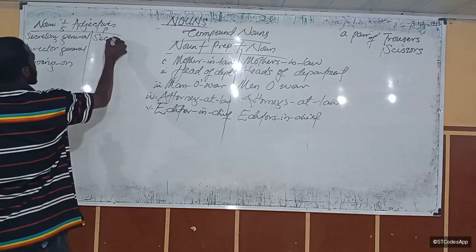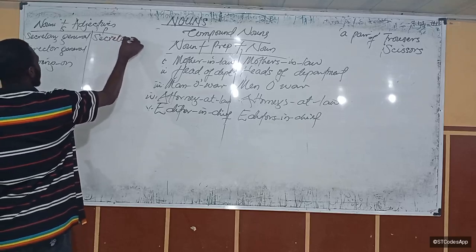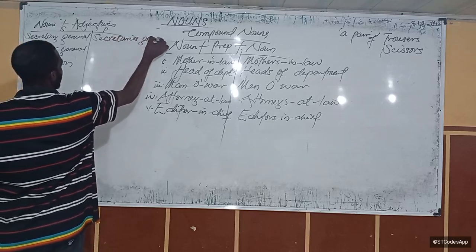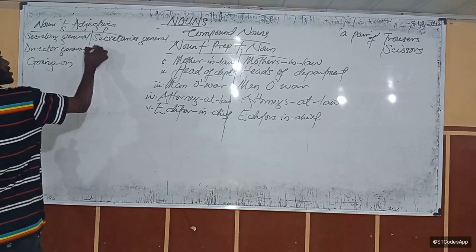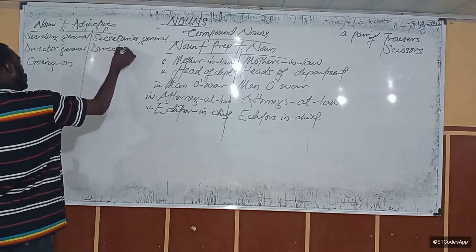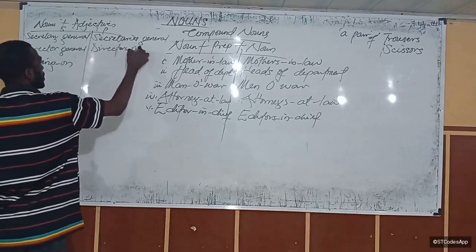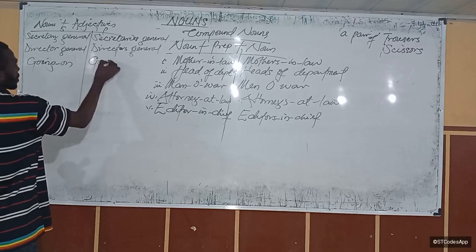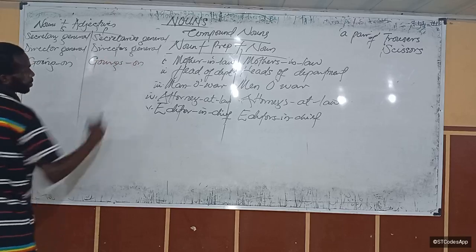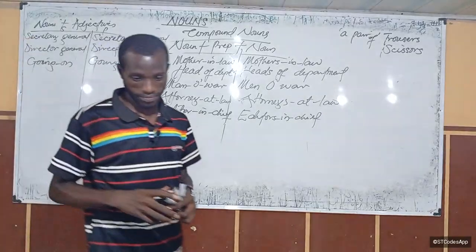So we're going to have what? Secretaries general. Then we have here, what are we going to have? Directors general. Okay, how about here? We're going to have what? Goings on. Is that okay?